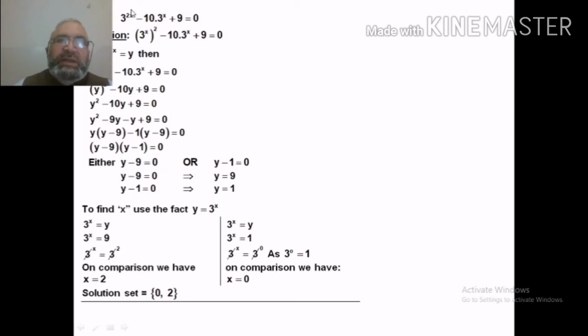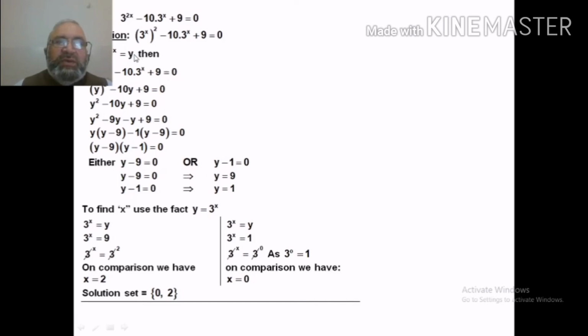So again, in the same manner, we take the substitution of the lesser power or linear term, that is 3 power x. So let us substitute 3 power x is equal to y. Then the square of 3 power x becomes y square. So y square is 3 power 2x.